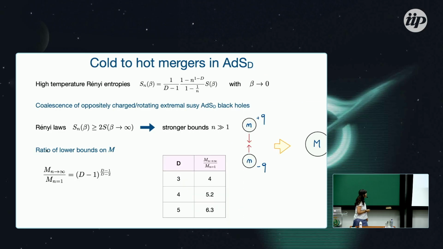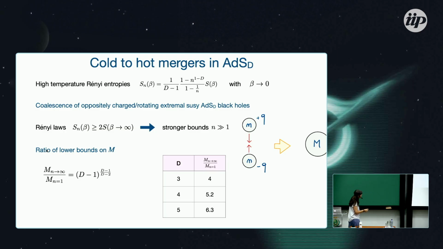Another case that one can study easily is the following. Again, if we consider oppositely charged or rotating extremal supersymmetric black holes, which collide and form a hot final state, then as t goes to infinity the Renyi entropies factorize again in this form.